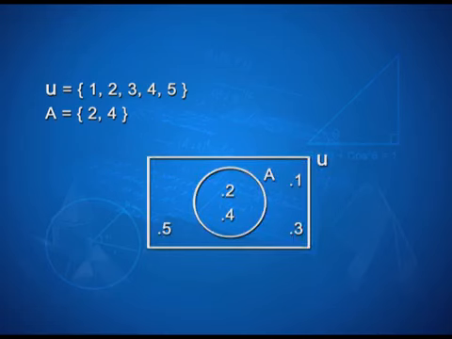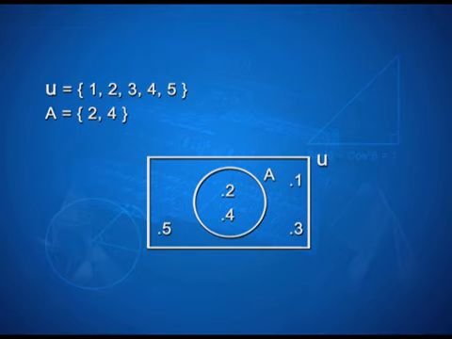The universal set will be denoted by the rectangle and its subset A will be represented by the circle. The elements of set A will be written inside the circle. Since A has the elements 2 and 4, the numbers 2 and 4 will be written inside set A. And the remaining elements 1, 3 and 5 will be written inside the rectangle.